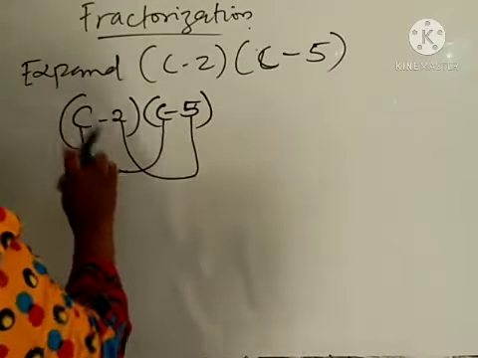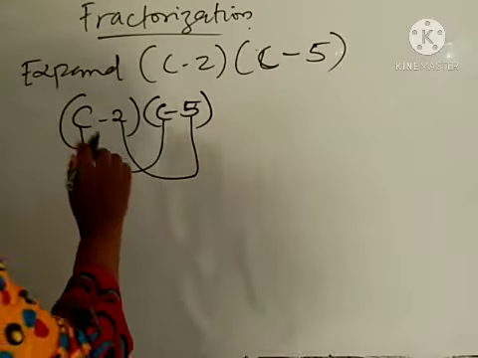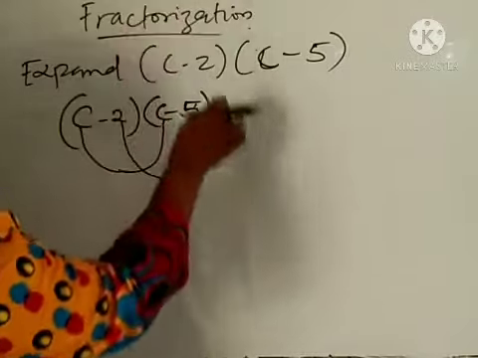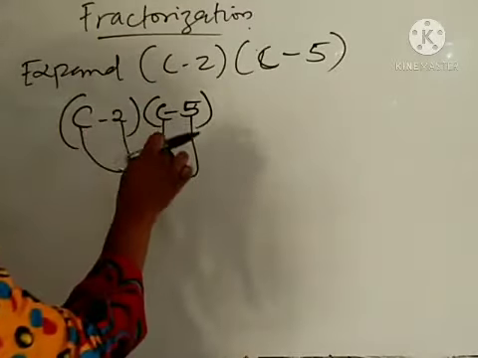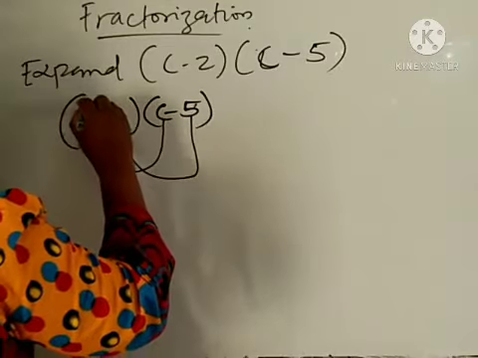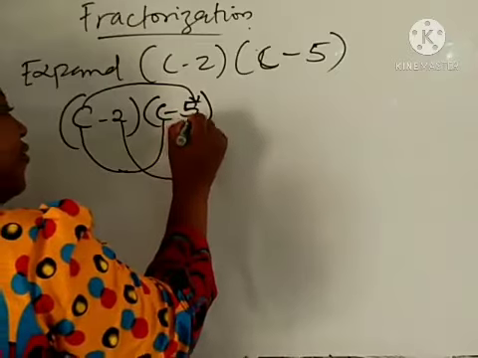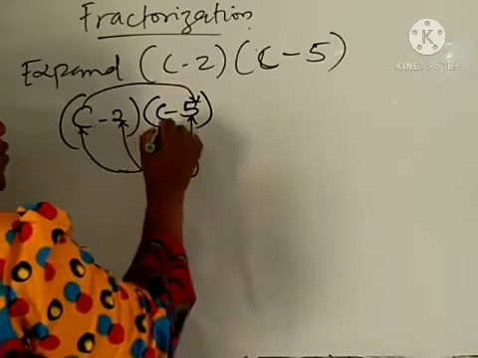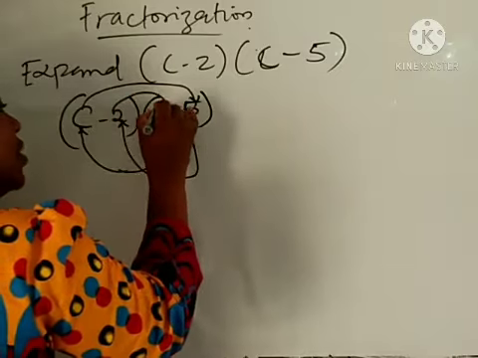If we picked the first one and the first one, the second one and the second one, now we are going to pick the first one and the second from the second bracket. We'll now pick the second and the first from the second bracket. So now that means this c will go and make 5, and these two will come here to meet c.